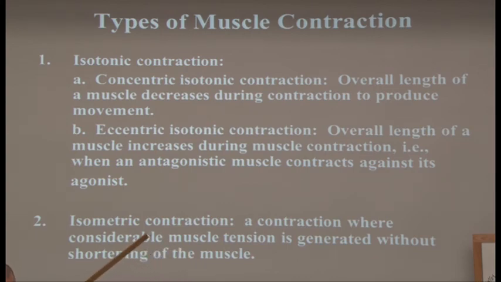So now the triceps is doing a concentric contraction, and the biceps and the brachialis are doing an eccentric contraction. And if you do that with real heavy weights, you tear up a bunch of sarcomeres because you're actually pulling them apart as they're trying to contract.